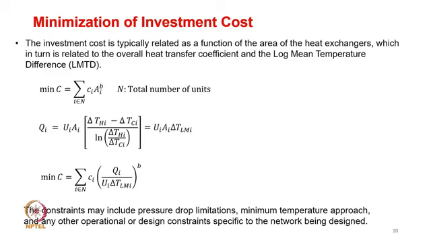Now you can see that your Q, which is of course the heat transferred, is U A delta TLM. So this part is the delta TLM and this is the Ai. Now you can rewrite your Ai as Qi divided by Ui times delta TLM. So the minimization of the cost we can write in terms of the delta TLM to the power b.